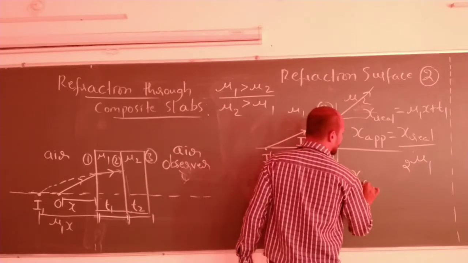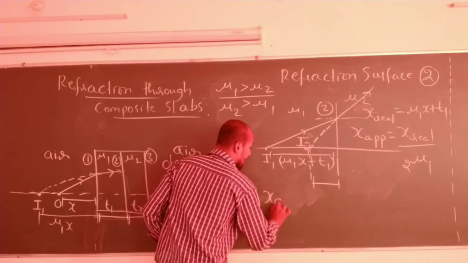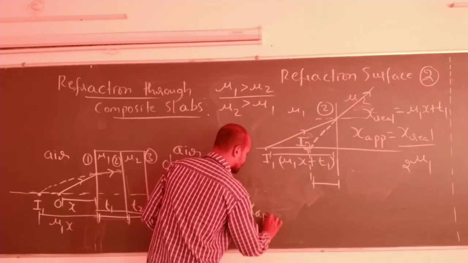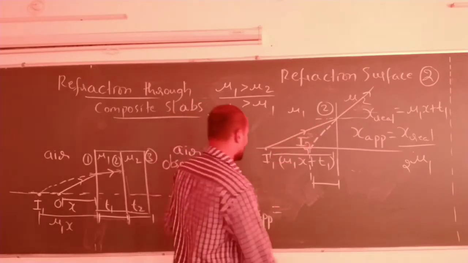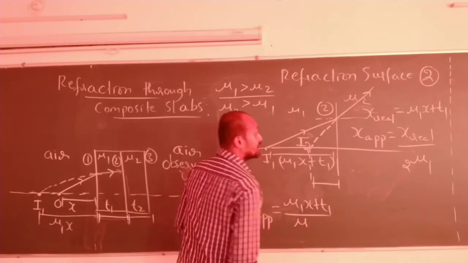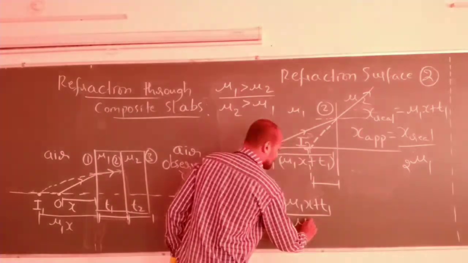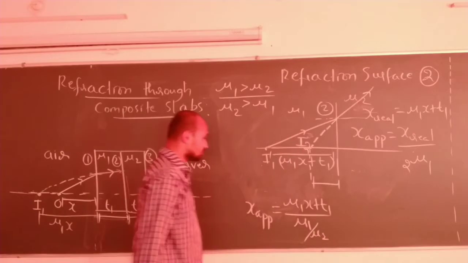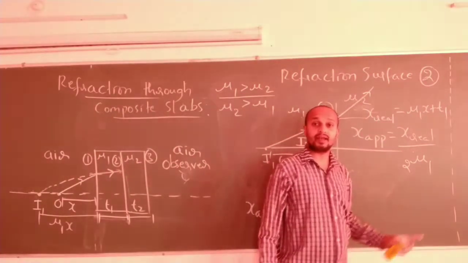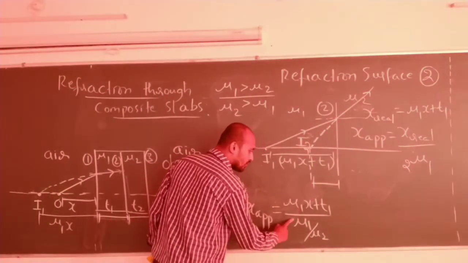X apparent will be equal to x real, that is mu1 times x plus t1, divided by mu1 divided by mu2, because the refractive index of the first medium with respect to the second medium is mu1 divided by mu2. So here mu1 gets cancelled.